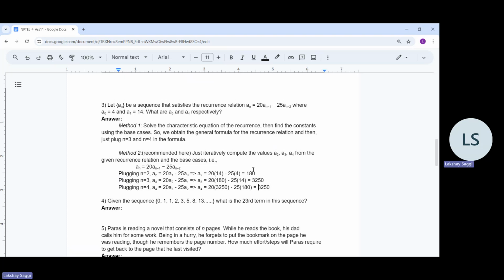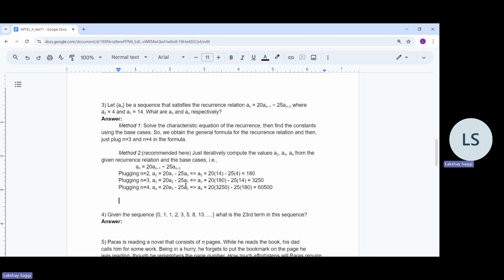Let me try to calculate this orally. 325 times 2 is 650, so this will be 6500, actually 65,000. Then 65,000 minus 25 times 180, which is 4,500. So 65,000 minus 4,500 gives us 60,500 as the answer.